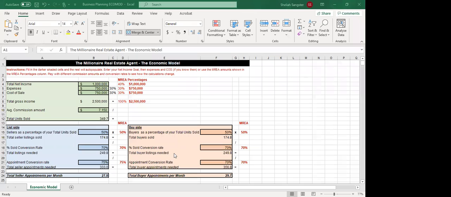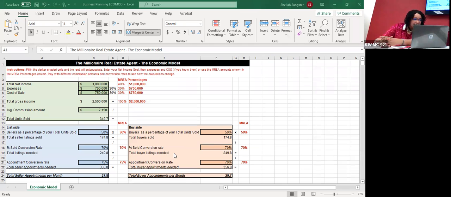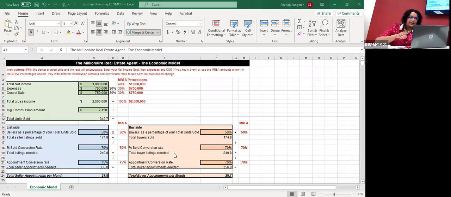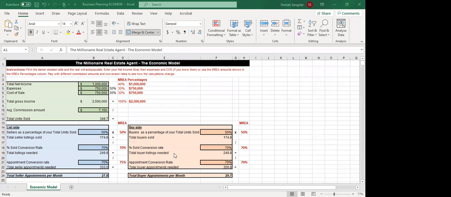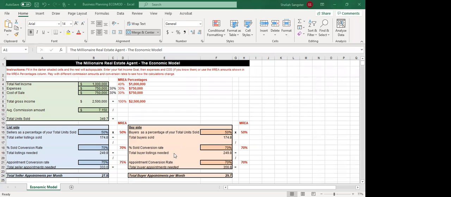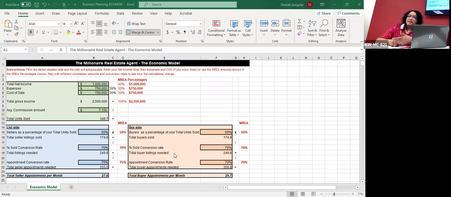And so the total seller listings sold, when you do the math, like I said, the math is already done for you with this spreadsheet. You're going to have the 175 rounded, and then your conversion rates, they're saying it's 70 on the buy and sell side. Sometimes that's 60-40.